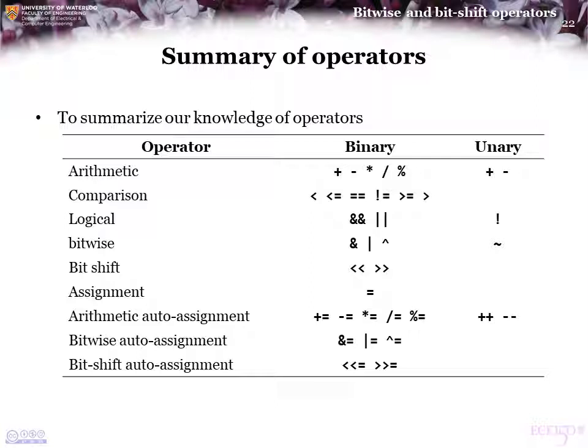There are 2 binary logical operators and 1 unary logical operator, being and, or, and not. There are 3 binary bitwise operators that include and, or, and XOR, and the complement operator, or the bitwise not operator.